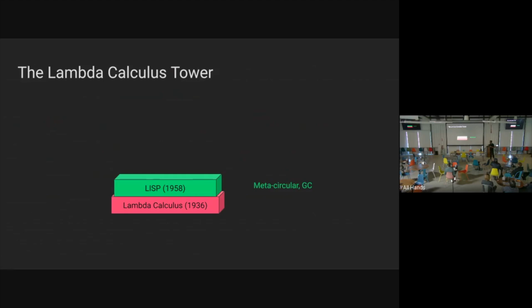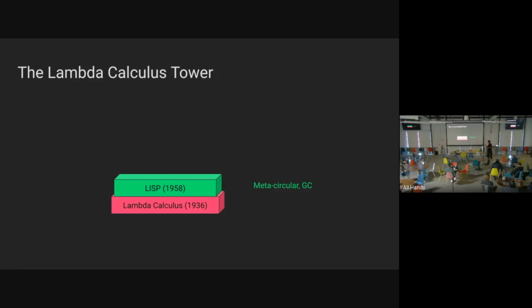McCarthy. And what McCarthy did was, if you look at Peano's axioms, the definitions of those axioms were sort of defined in terms of English and mathematical notation, right? McCarthy said, what if we could take lambda calculus or structures like that and define those axioms in the language itself?